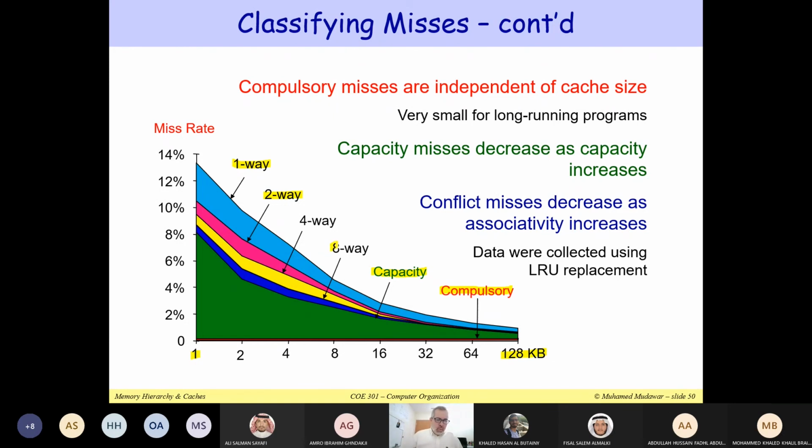Above that, I have 8-way, 4-way, 2-way, and 1-way. When we reduce associativity, we start getting conflict misses. These are conflict misses that appear on top of the capacity misses. So you can classify these misses, and people try to do this.